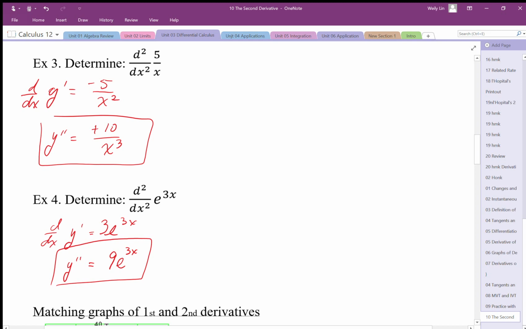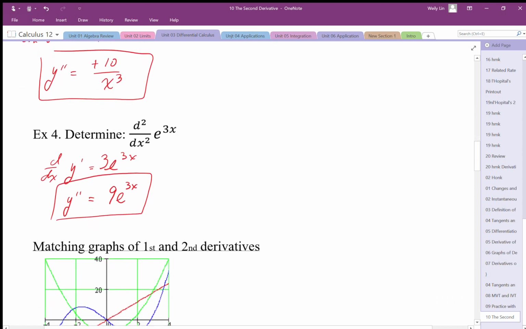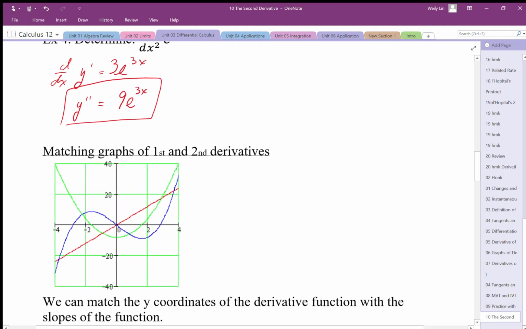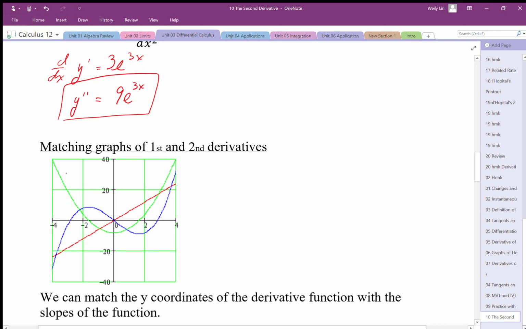So let's take a look at some of these graphs and see how these shapes actually relate to each other. So if you take a look at the original function, let's say that cubic function is my original f of x function. So the blue function here is going to be f of x. From what we know of derivatives, the derivative of the cubic function should be a quadratic function, so that probably is going to be the derivative there.